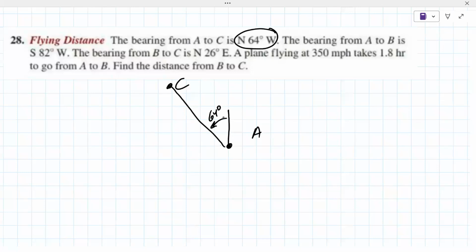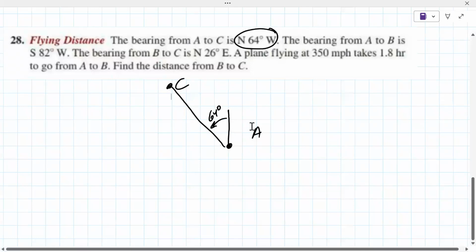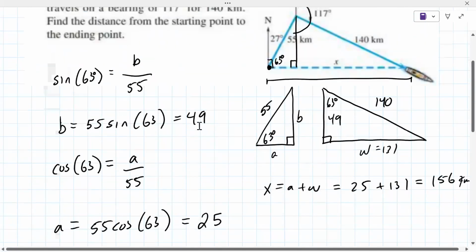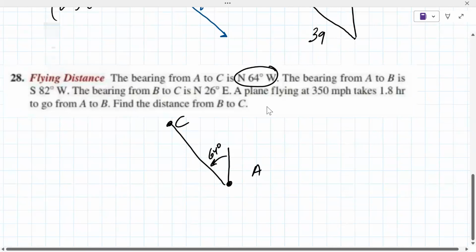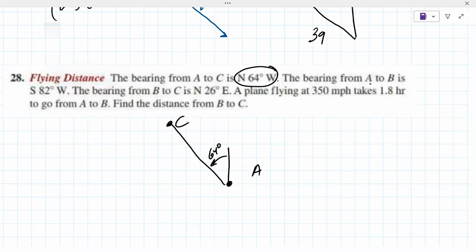If it just said 64, then we'd go 64 degrees the opposite direction, right? If it was a bearing of 64 degrees, it would be from the north and then go east, right? Yeah. Okay. But from A going to B, so B's over here somewhere, is south.